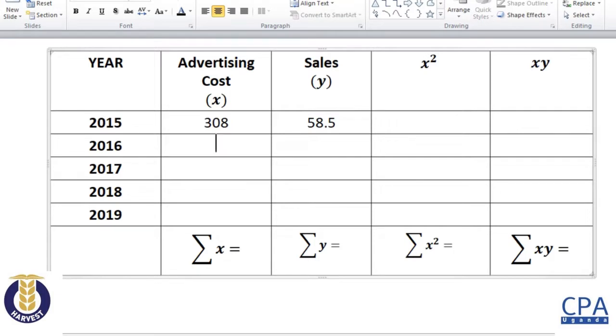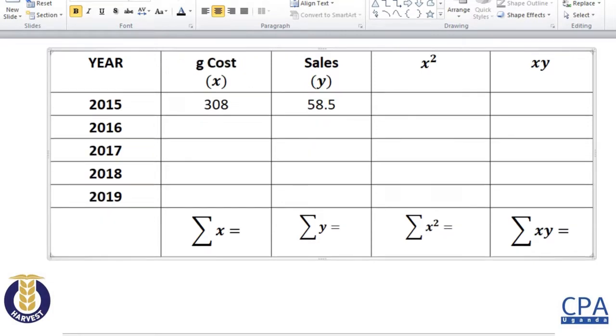Then 2016, advertising, actually this is marketing costs. This one is marketing cost, which is the same thing, but let's use what we are given here. Marketing cost, which is our x.